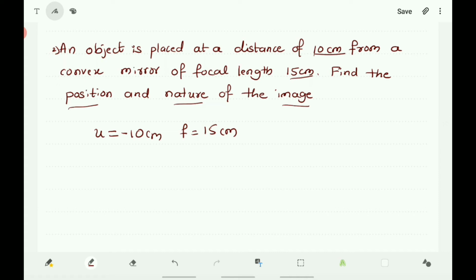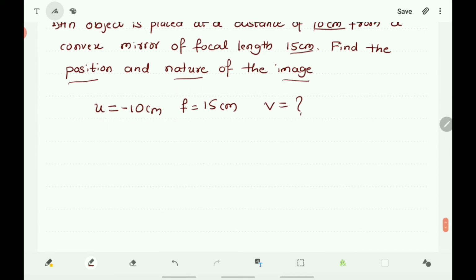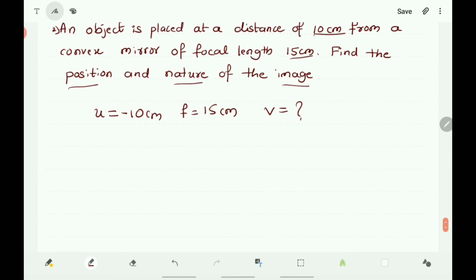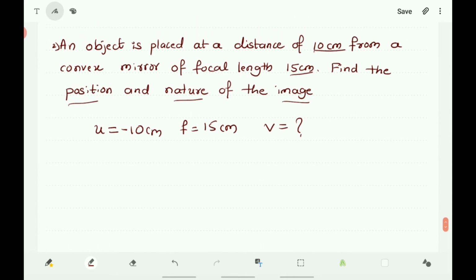Because it is a convex mirror, the focal length is to be taken as positive 15 centimeter. Next, the question mark is for v. u is equals to minus 10 centimeter, f is equals to 15 centimeter, v is equals to question mark.